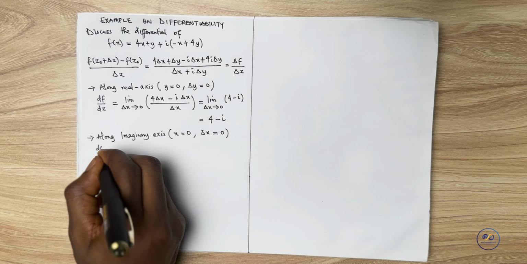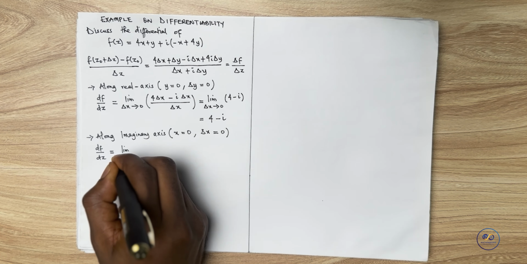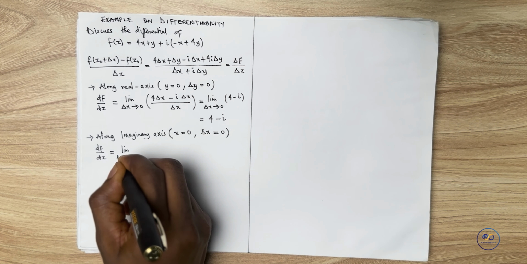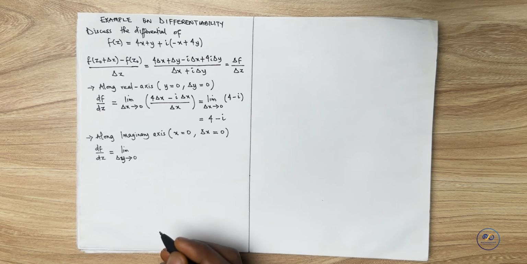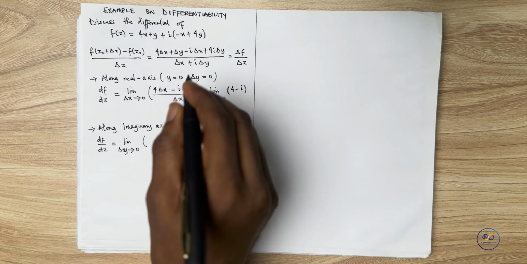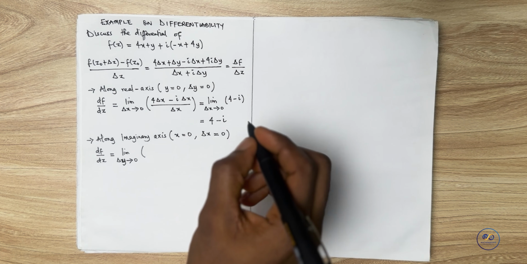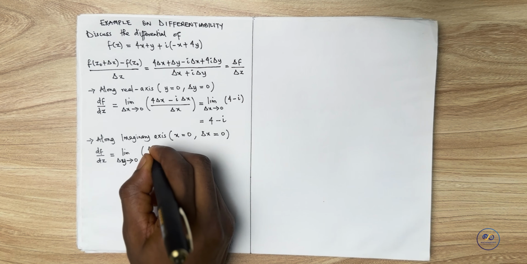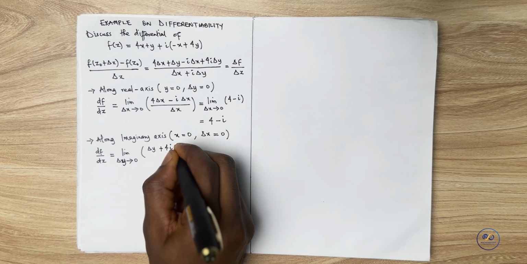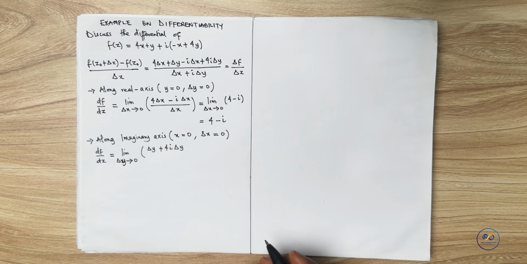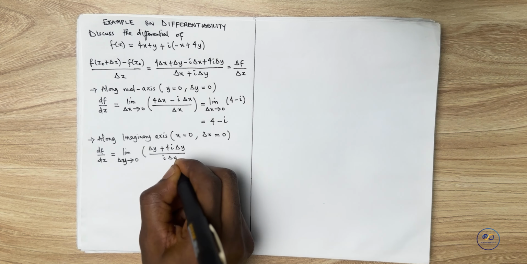So the differential in this case will now be the limit as delta y tends to 0 of what will be left from here when we evaluate at this coordinate point. We would have that we're left with delta y plus 4i delta y, all divided, of course, by i delta y.